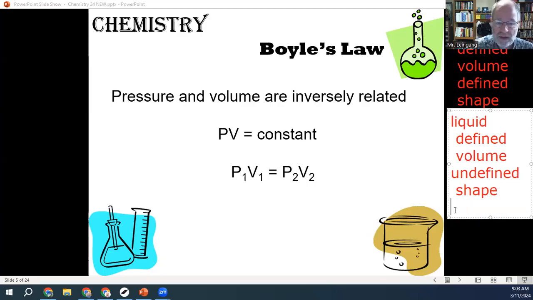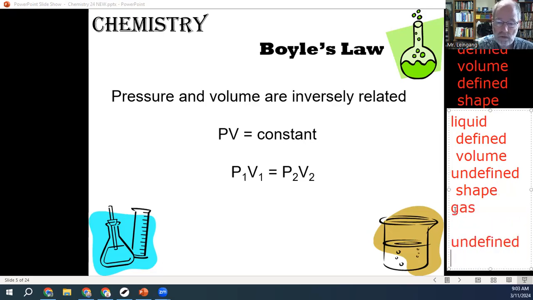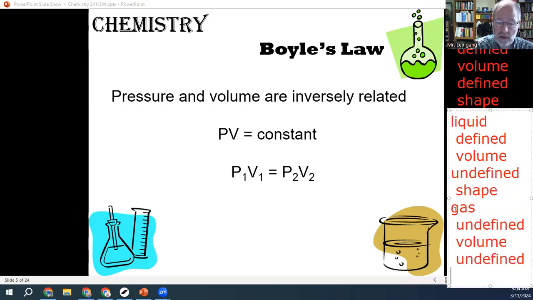Well, when we move on then to talk about gas, a gas has an undefined volume and an undefined shape.